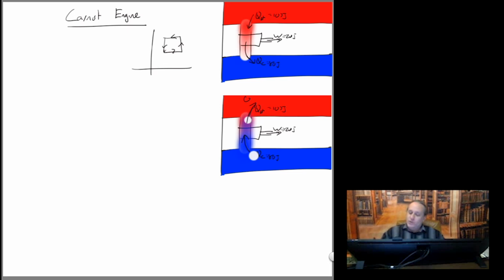So the work also changes direction. So what would this machine be? It would be a machine that takes 20 joules of work and encourages 80 joules of heat to go from the cold place to the hot place, making the hot place hotter and the cold place colder.